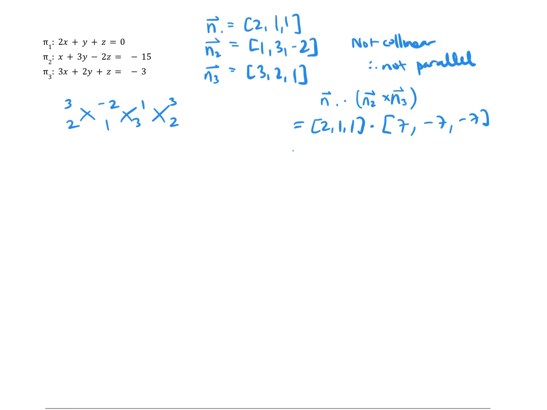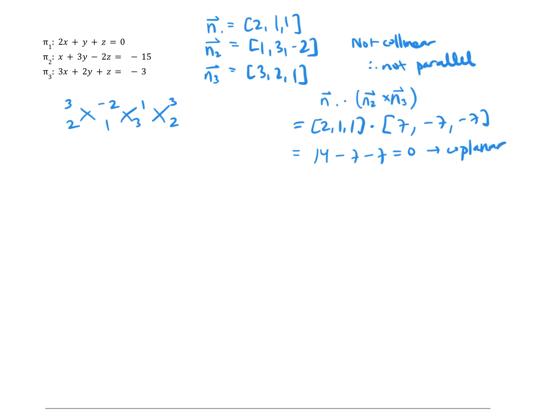And now that's 14 minus 7 minus 7, that's 0. These are coplanar, but they're not collinear. So nothing is parallel here, but all the normals are coplanar.